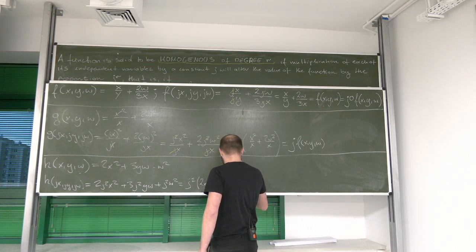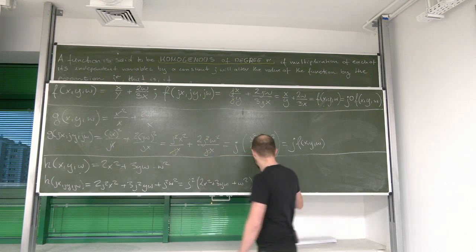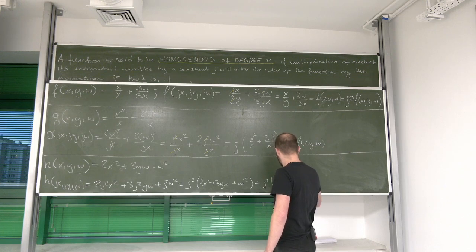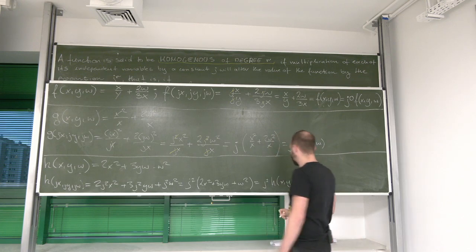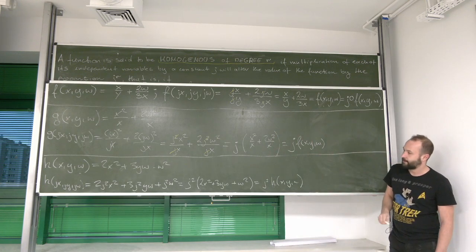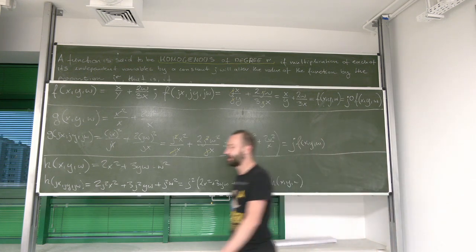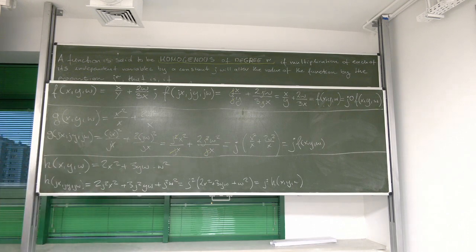Which brings us back around to our original function. And as you might guess, in this case, because the power here is 2, we would call a function like that homogeneous of degree 2.